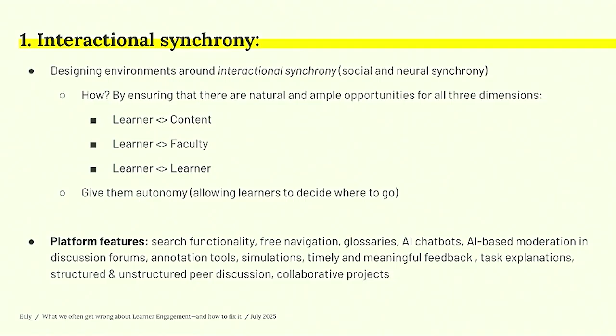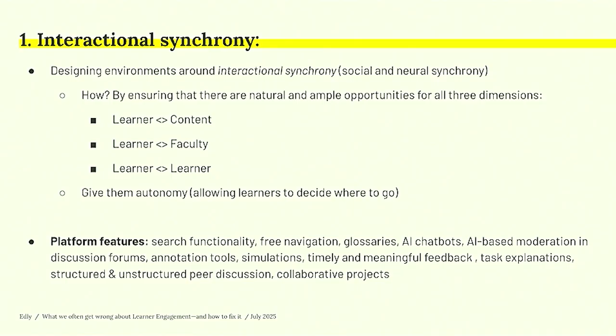Sure, you can do that through navigation panels, looking at the unit titles or module titles, but it's not the same thing. Free navigation, allowing back and forth navigation without losing learner progress, is one. Dynamic glossaries, global glossaries within your platform, especially if you're using clusters of courses as part of a learning program, is one.